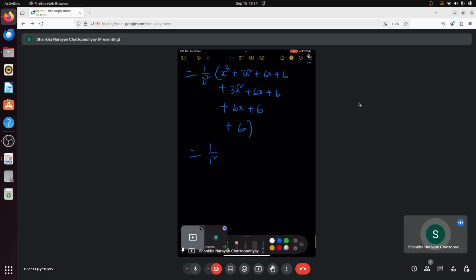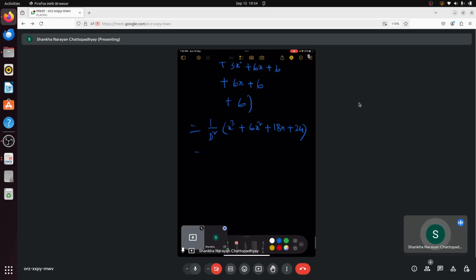You have x cube term only once, you have x square terms twice, you have 6x thrice, and you have 6 four times, so that will be 24. Now you need to apply the 1 by d square operator.